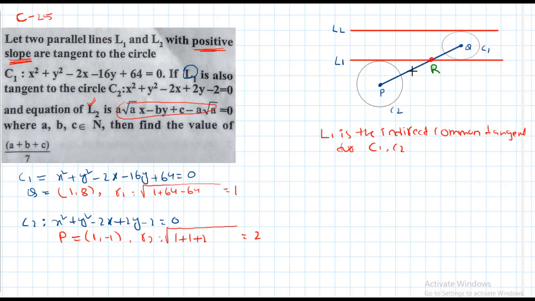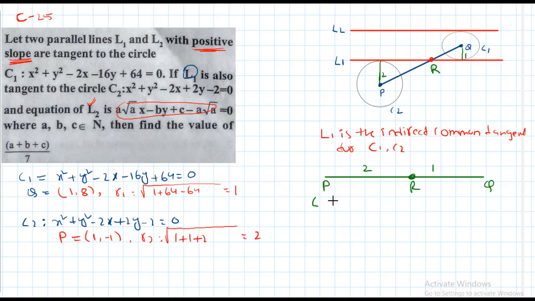The point of similitude divides the line segment joining the centers in the ratio of their radii. This is the line segment PQ, and somewhere R is here. So R divides PQ in the ratio of the radii. The radius of the second circle is 2 and the first is 1. So R divides PQ in the ratio 2 is to 1.